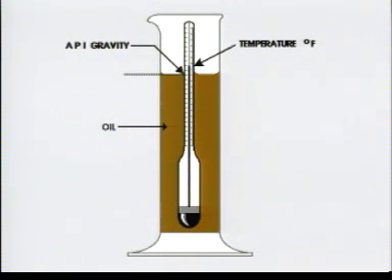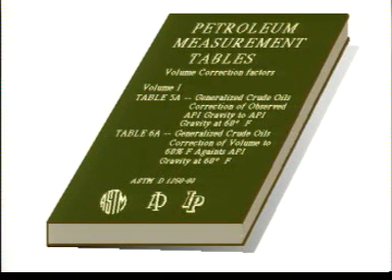The actual API is read from the hydrometer. Temperature is also taken. In this case, both API and temperature can be read from the hydrometer. To find the weight, reduce the volume to the corresponding volume at 60 degrees Fahrenheit. Use ASTM Table 5A to convert measured API to corresponding API at 60 degrees Fahrenheit.